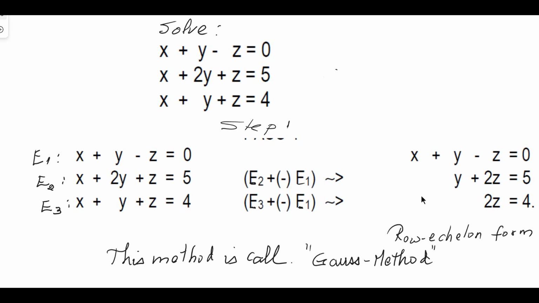Notice we were trying to find a 0 here and a 0 here, and we are lucky because the same operation, subtracting the first row, gives a 0 here, and it speeds up the process because we got the row echelon form. That is a way to solve the problem.